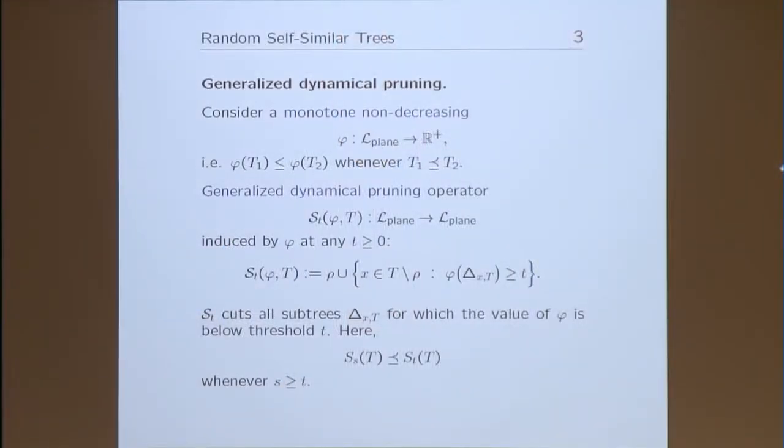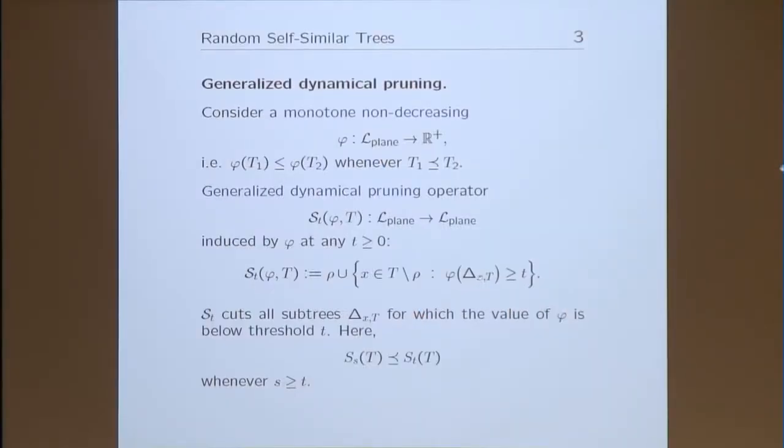Once you have a function like this, you can define a mapping S sub t, parameterized by time t, that maps trees in L plane into trees in L plane in the following way. It will definitely leave the root alone, as any such mapping would. What would it do next? It looks at every point x on the tree.